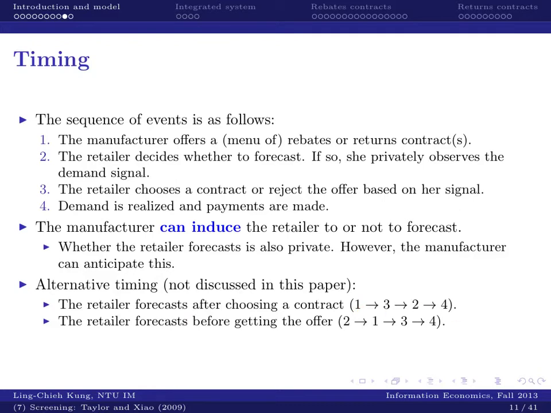Another possibility is for the retailer to forecast before getting the offer, meaning 2, 1, 3, 4. Okay? You may think about how the information structure may change, and how they interact will change. In particular, try to anticipate what's going to happen in these new settings.